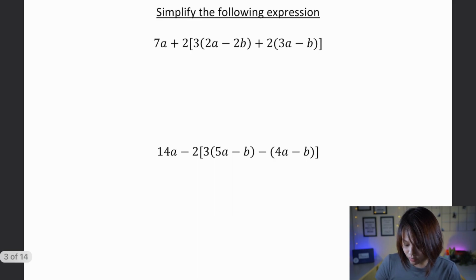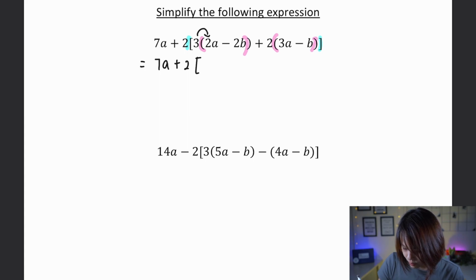The next type of question is also similar, but you will have a double bracket, meaning you can see from the expression we have a round bracket here and then a square bracket. The trick for this kind of question is to expand the round bracket and simplify before expanding the square bracket. So we will expand within the square bracket.